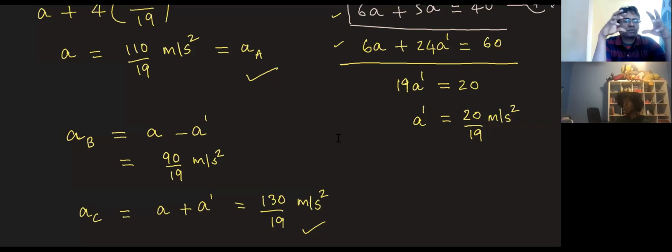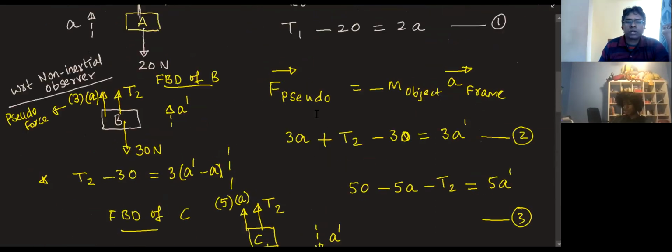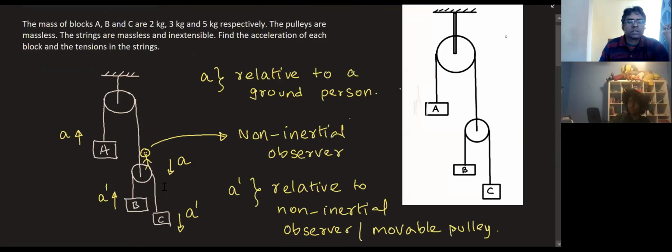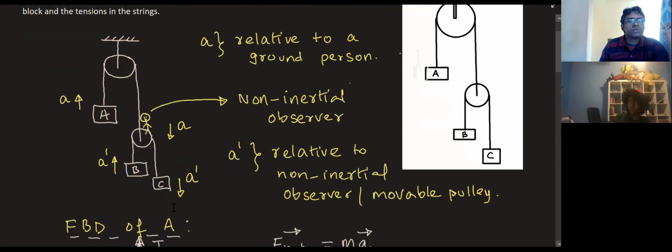So B, if you look from the ground, is in fact going downwards. C is also going downwards, but they're going at different rates. You understand? So both B and C are going downwards, but at different rates, different accelerations.